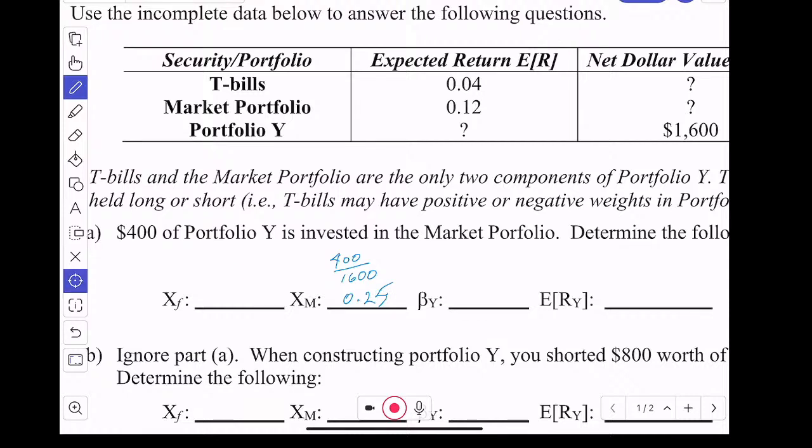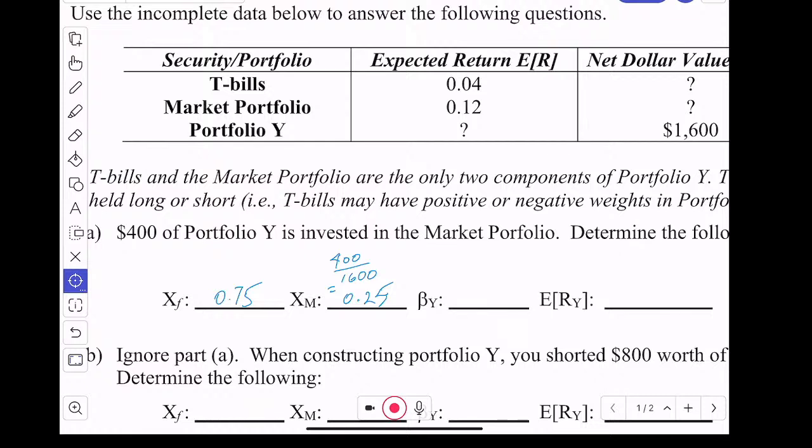Because I know the weight of the market portfolio and the weights must sum to 1, that means I know the weight on the risk-free T-bill. So I have the weights. I can calculate the weighted beta and the weighted return. That's it.